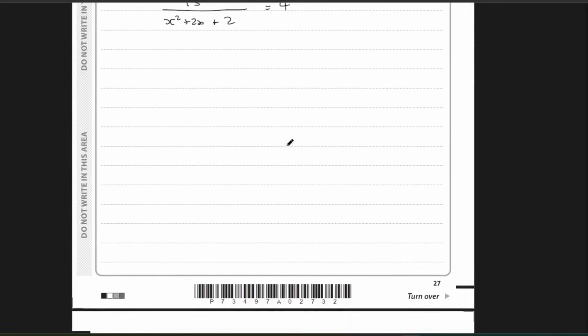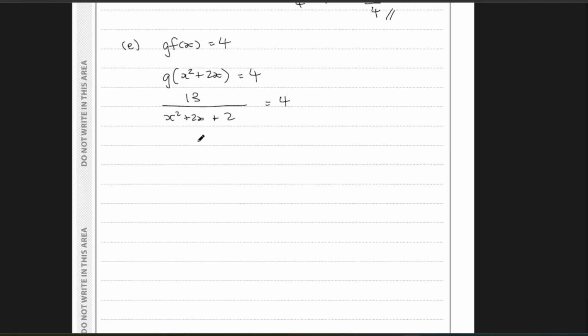We need to show the working clearly. So we'll move the quadratic to the other side. So 13 is equal to 4x squared plus 8x plus 8. We'll move all the terms to one side. So 4x squared plus 8x plus 8 minus 13 would be minus 5 equal to 0.